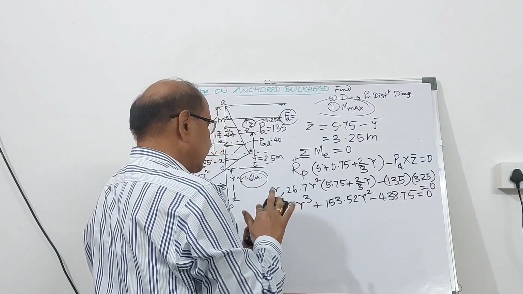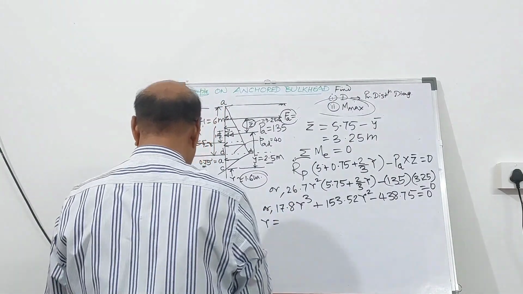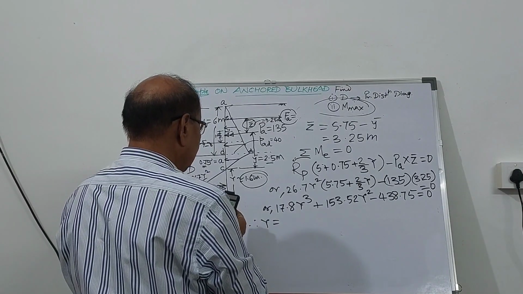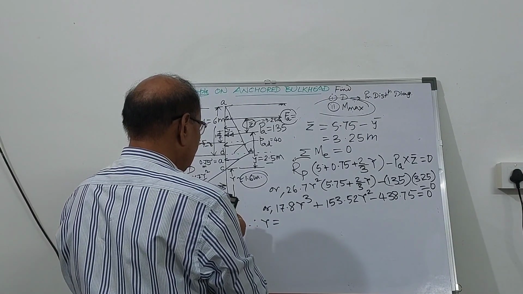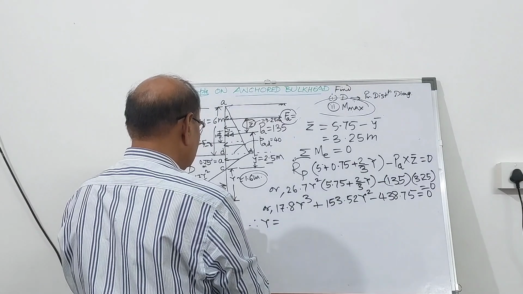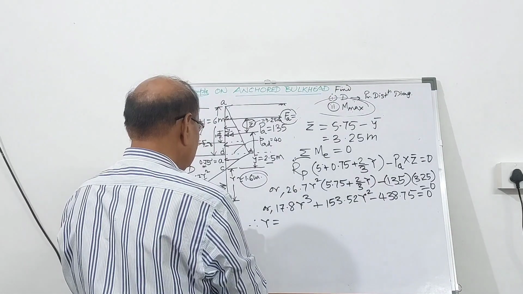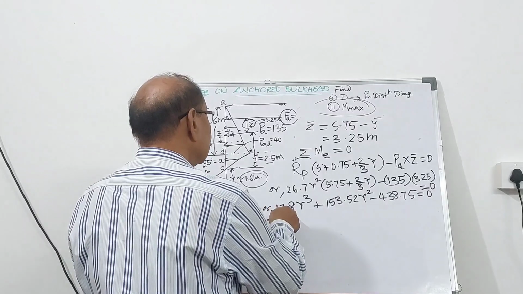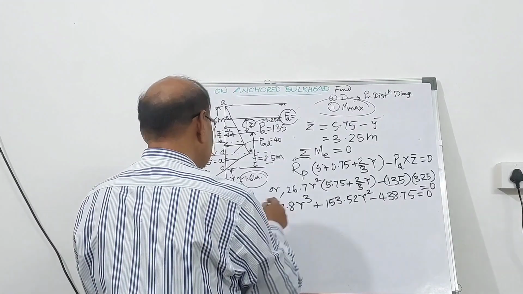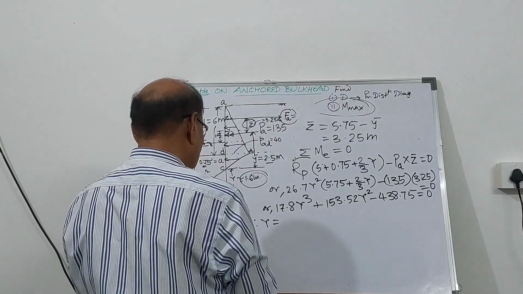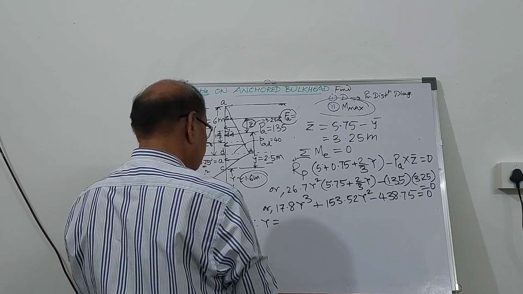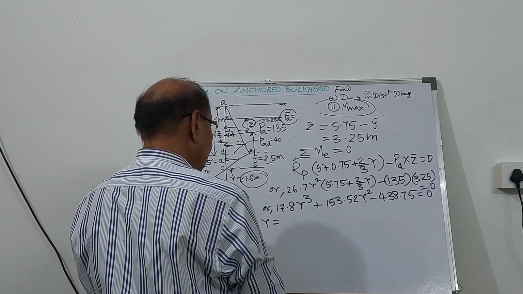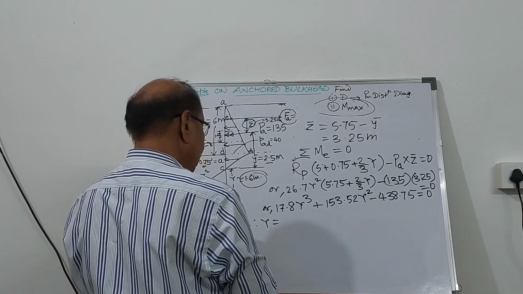You can go to the equation, go to the polynomial and take the cubical equation. So the value of A is 17.8. Then the value of B is also known to you, 153.52.